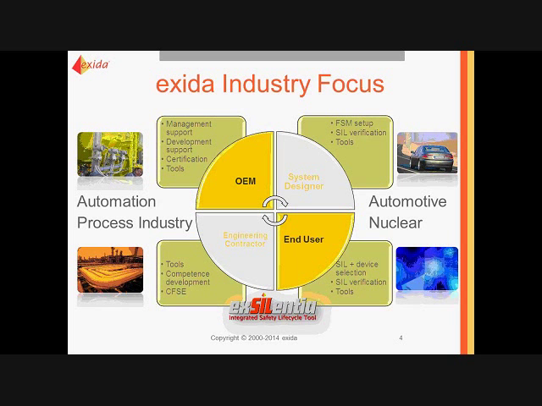We provide training through our functional safety engineering courses for the Certified Functional Safety Expert and Certified Functional Safety Professional. We are associated with the CFSE board that monitors and manages that separately. The main industries are automation process industries. We're also heavily involved in automotive as well as nuclear.